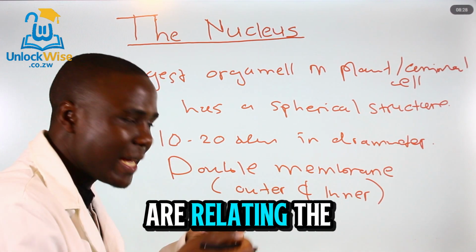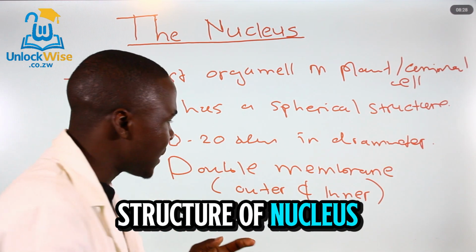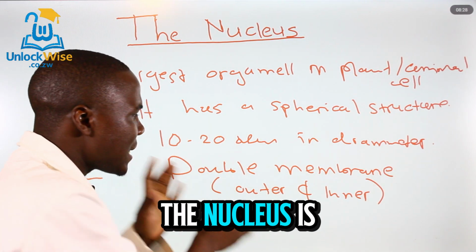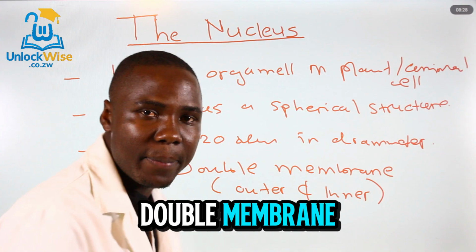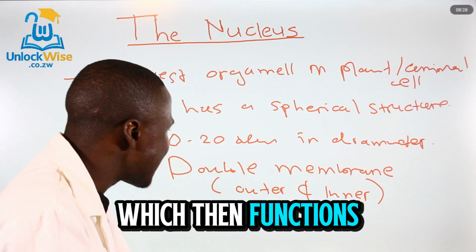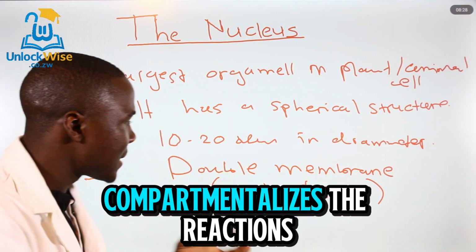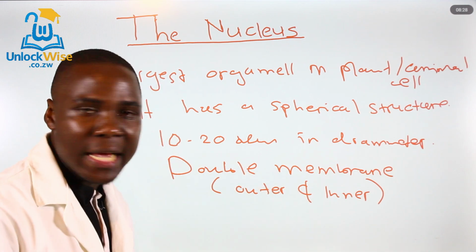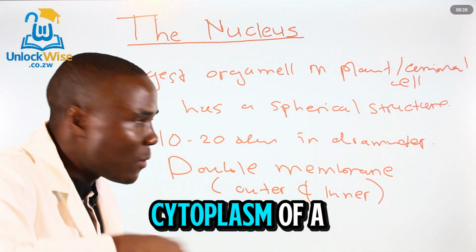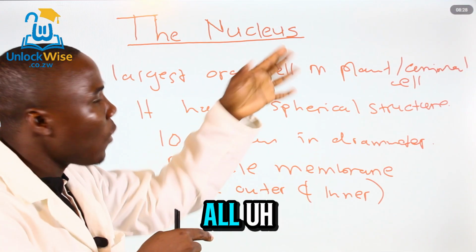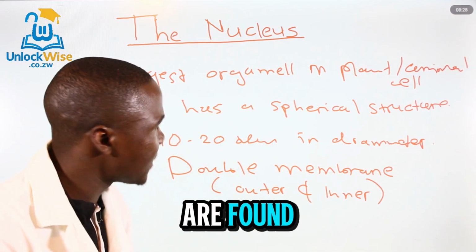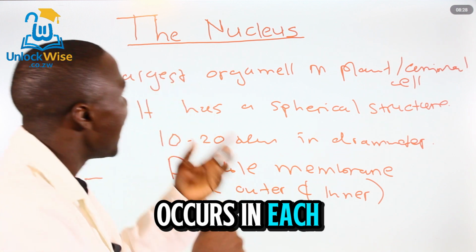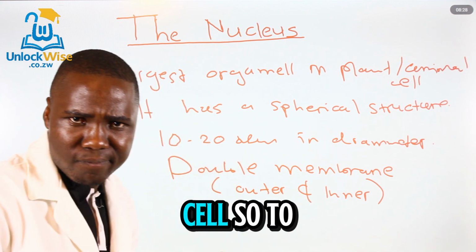So when you are relating the structure of the nucleus to its function, you say that the nucleus is surrounded by a double membrane, which functions to compartmentalize the reactions that take place in the nucleus. Remember, in the cytoplasm of a cell, there are so many reactions that occur in each component of a cell.